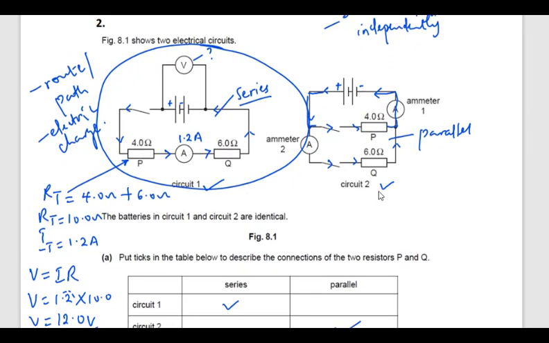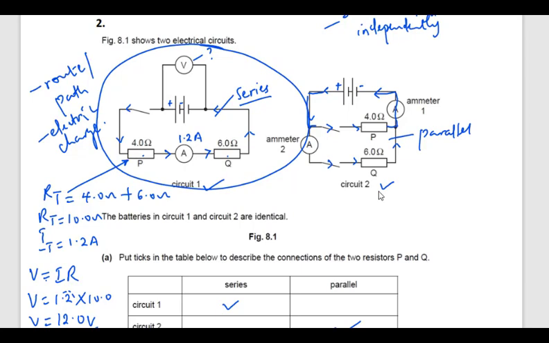All right, let me say that again. Very simple. We know the total current flowing in the circuit to be 1.2 amps. Then because this is a series connection, we try to find the combined resistance of these 2 resistors. And because it is series, we just add directly. So 4 plus 6, that gave us 10. Then from Ohm's law, we know that voltage equals current times resistance.